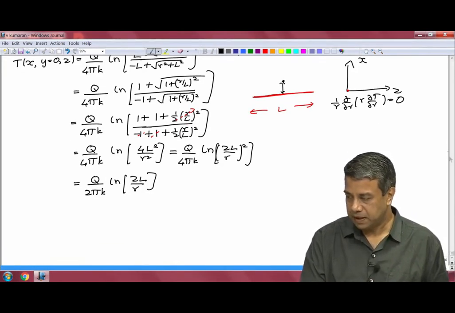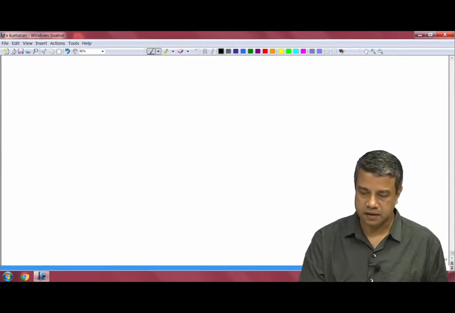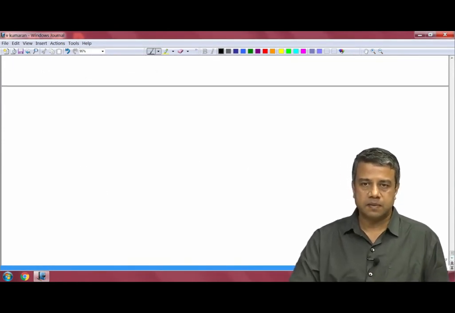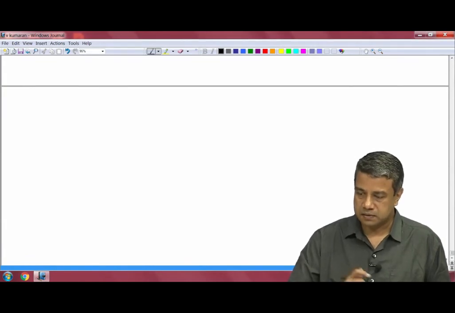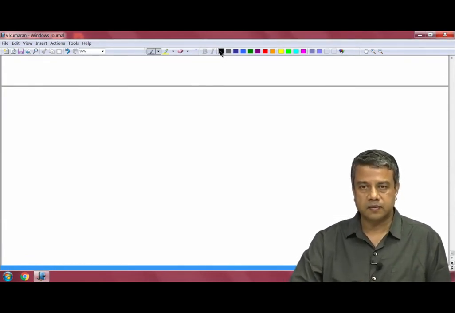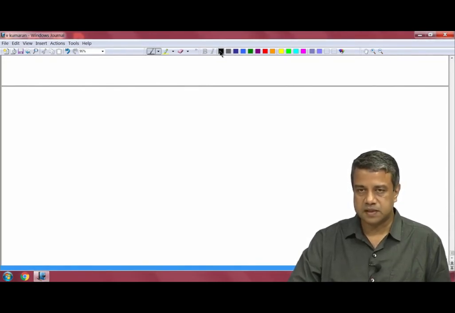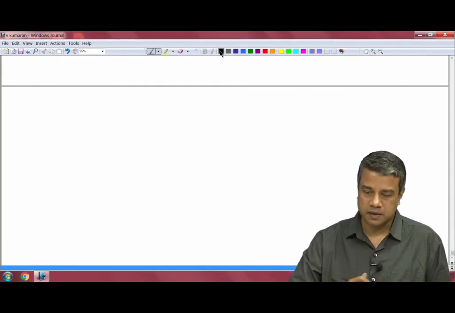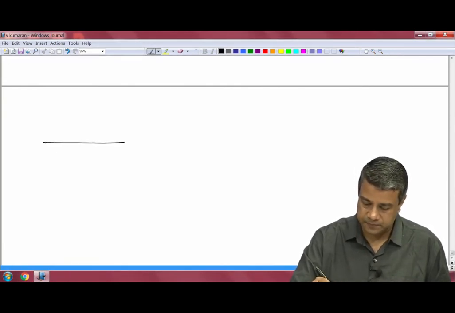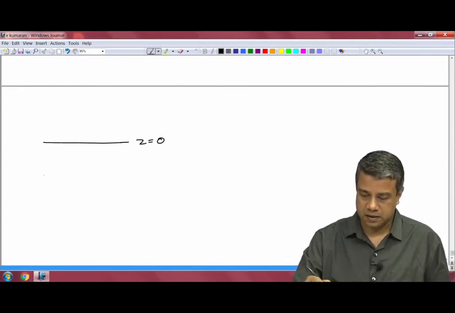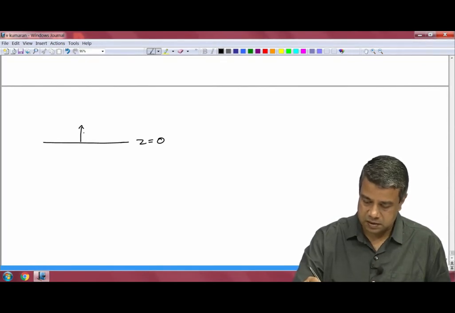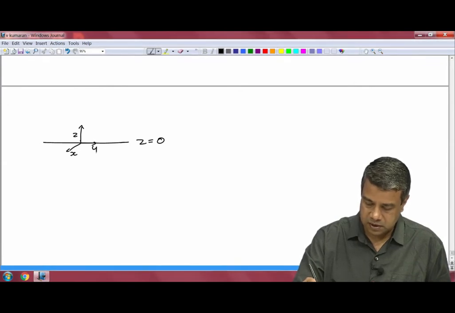So, what we have solved so far is in an infinite domain. What happens if you are in a finite domain? Then you have to satisfy boundary conditions on the surfaces of the domain. So, let us first consider the domain to be bounded by just a single plane, at z is equal to 0. So, this is the z axis, x, y, the 3 coordinate directions.